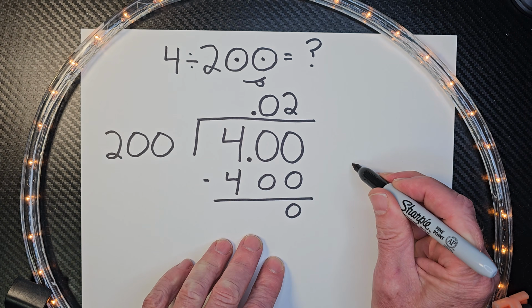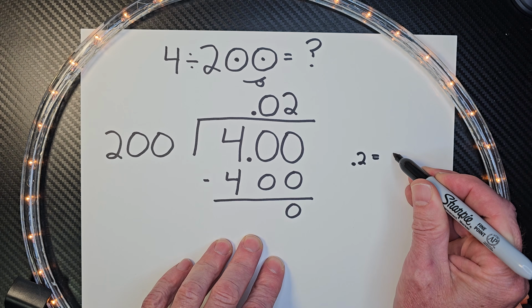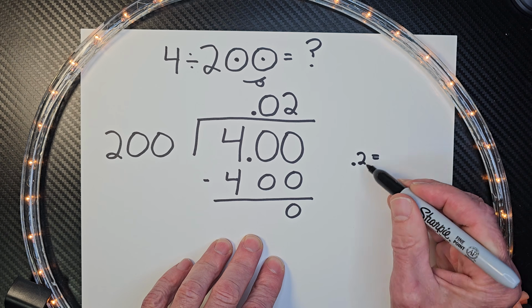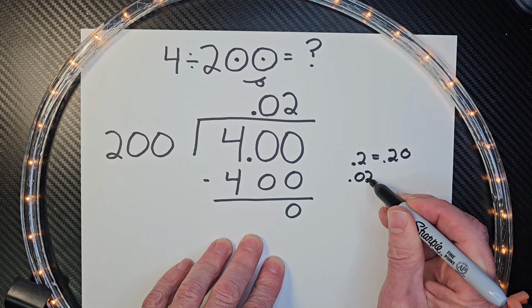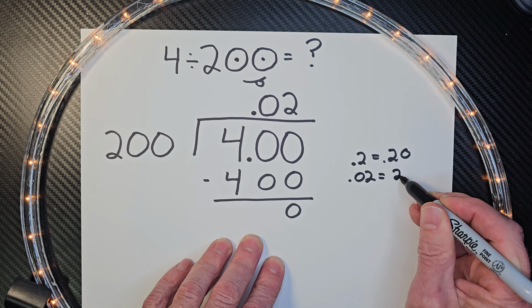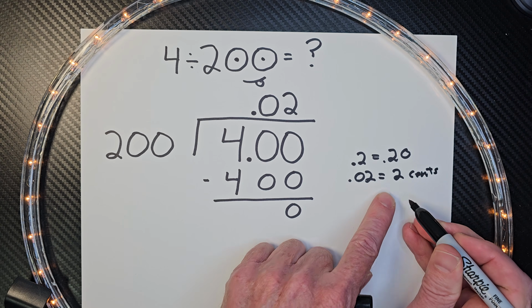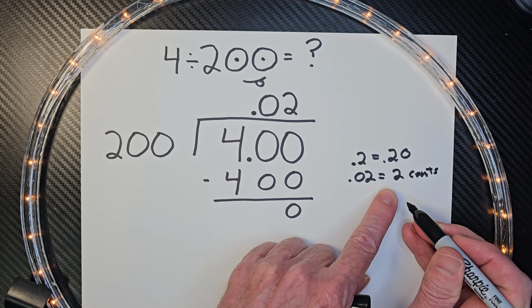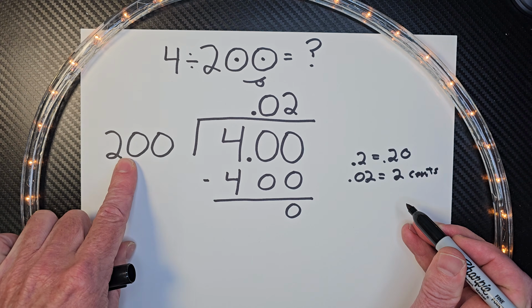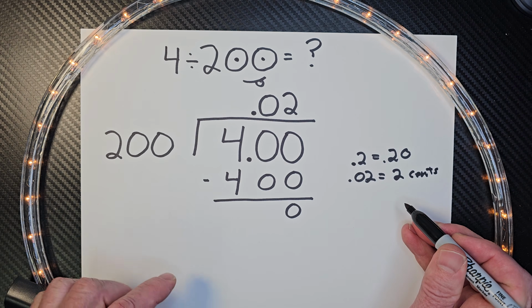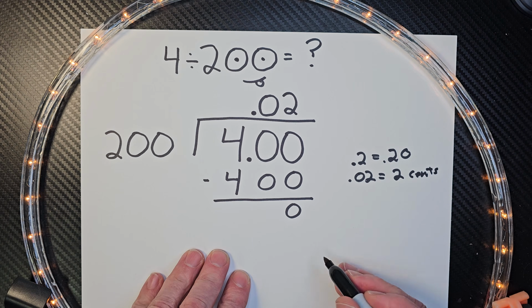Well, I'm going to back up. 0.2 is like 20 cents, all right? 0.02 is 2 cents. All right, so that's 2 pennies. So when these 200 people come over, I can give them 2 pennies. They're not going to get a lot of money, but they're going to get 2 pennies.